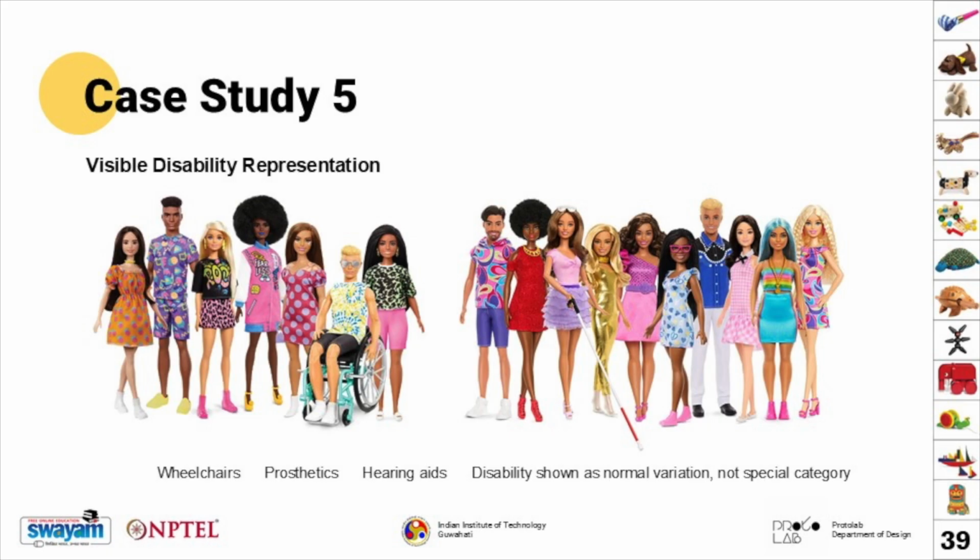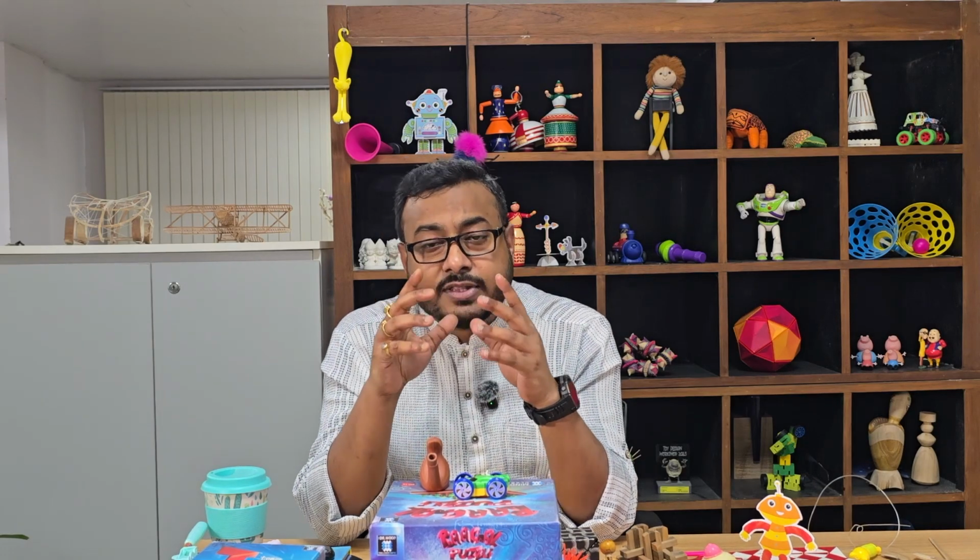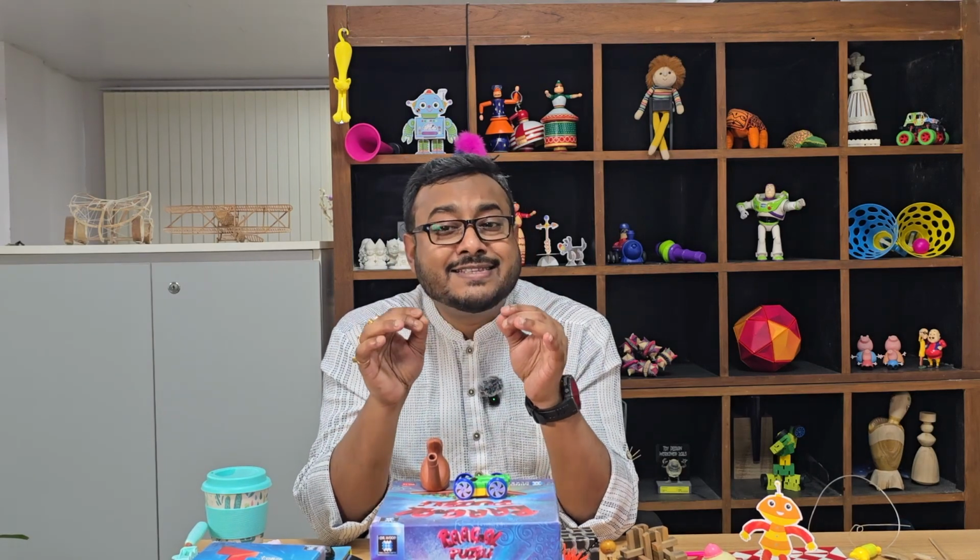The doll still participates in storytelling, fashion play, friendships, and adventures. This is important because the toy does not become a special teaching object. It remains a normal character. For a child with a disability, this communicates belonging.